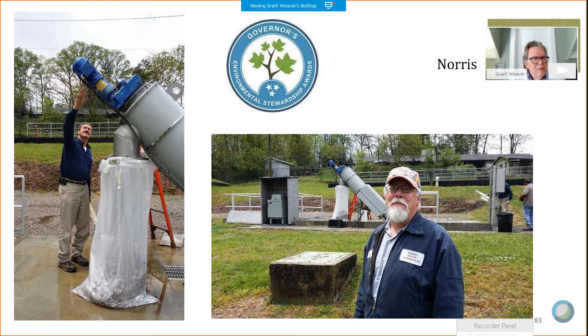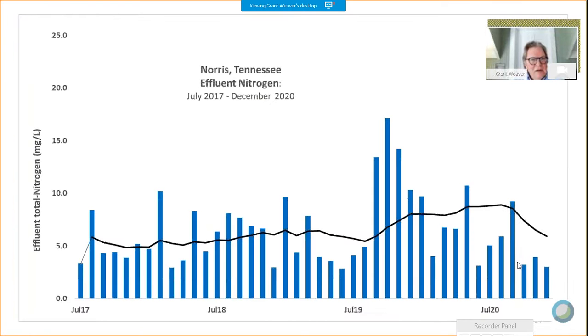Norris does not currently have a total nitrogen or total phosphorus limit, but in anticipation of it and in an effort to see what they could do with the equipment they have, they took it on themselves to operate their facility differently.